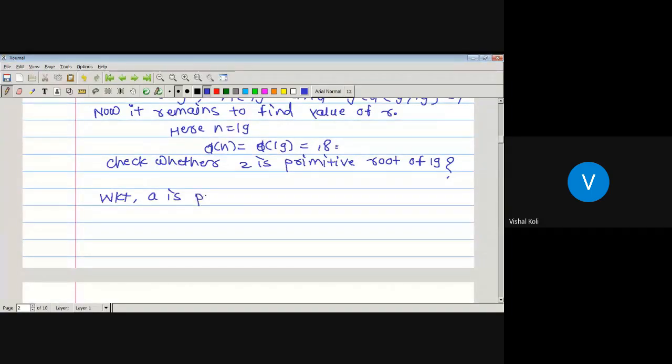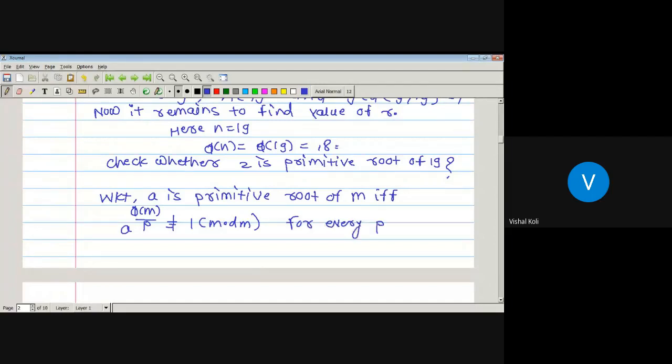We know that a is a primitive root of m if and only if a to the power phi of m upon p is not congruent to 1 modulo m for every prime divisor p of phi of m.